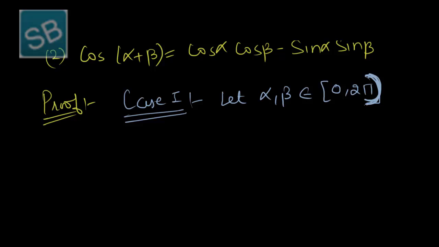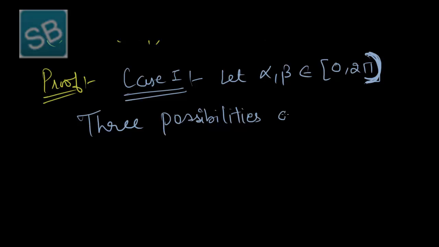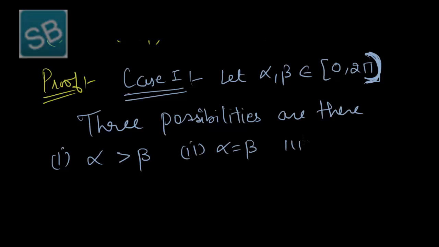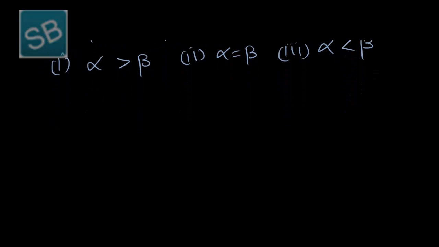In this case, we have three possibilities. First one is alpha may be greater than beta, second one is both are equal, and third one is alpha is less than beta. So these are the three cases.